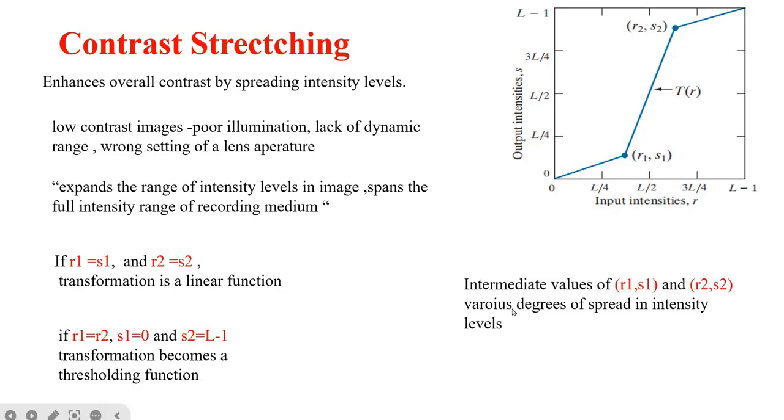If there are intermediate values of R1, S1 and R2, S2, then it will produce various degrees of spread in the intensity levels of the output image, and thus it will affect the contrast.